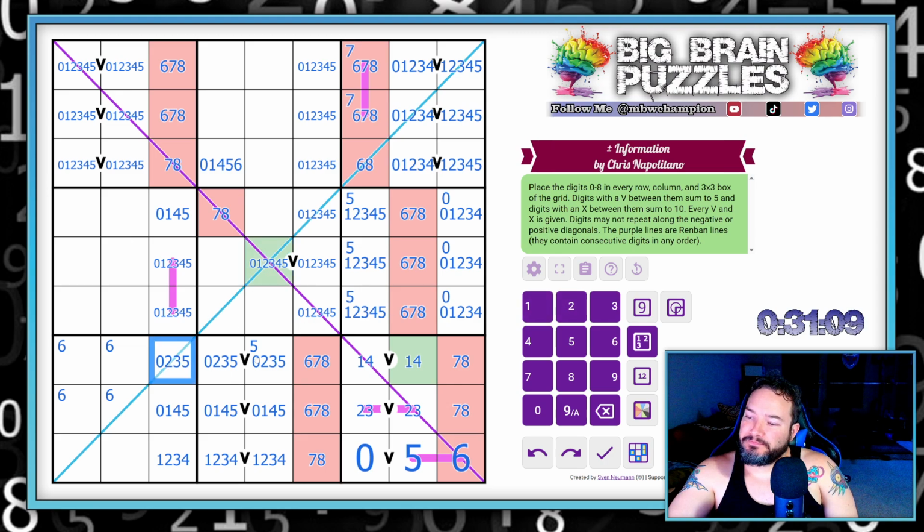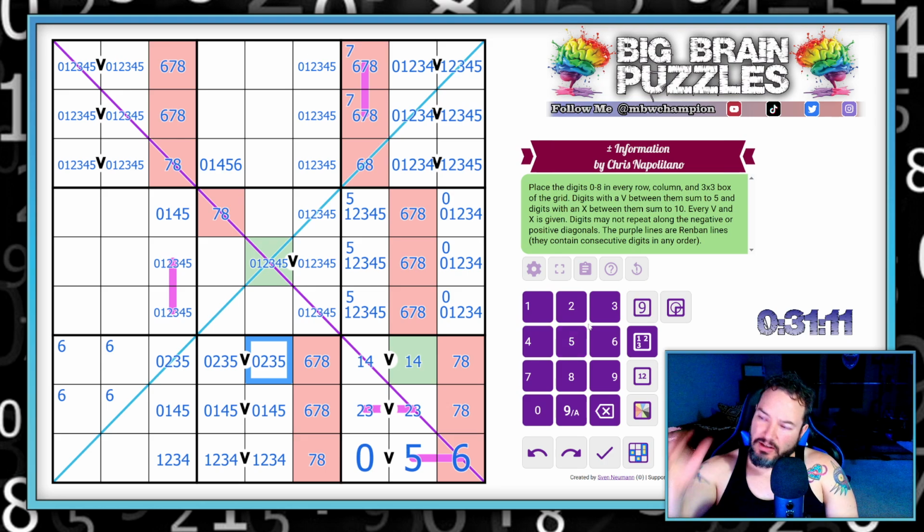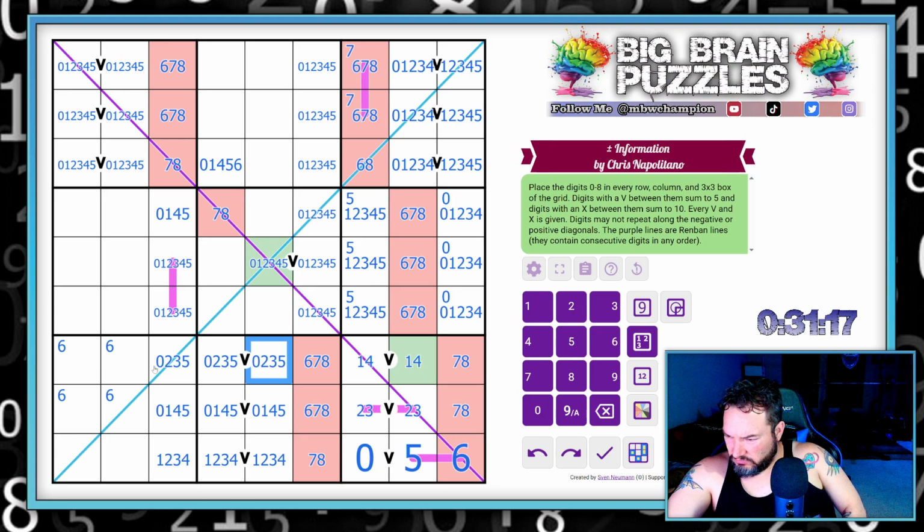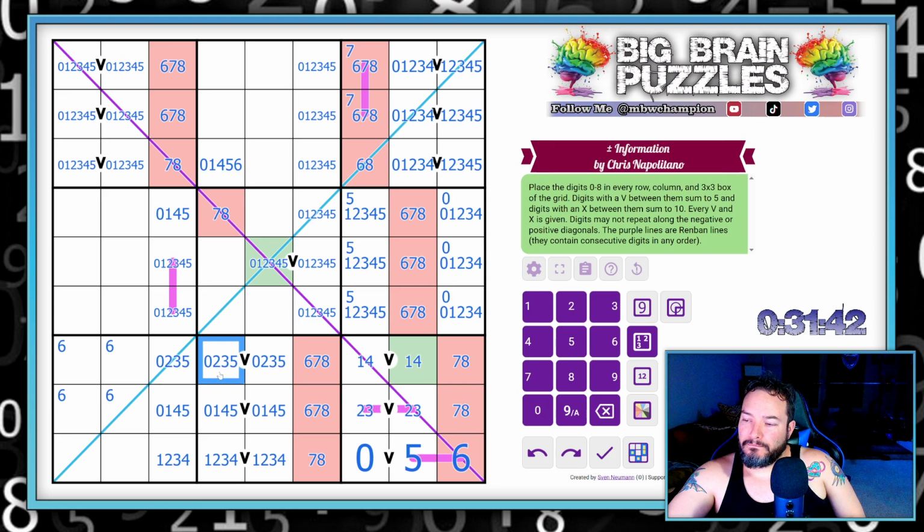Yeah, I'm not sure. I didn't see anything that jumped out going on the diagonal at all. I guess what I could say is if this is 0 here, like, let's just say it's 0.